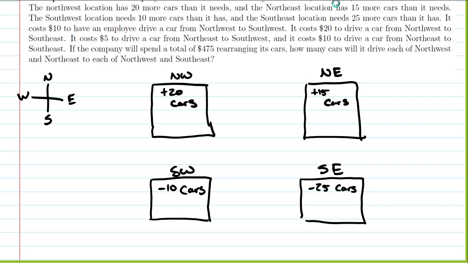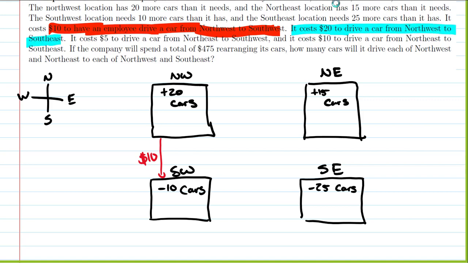So now, let's get to our next set of data. It costs $10 to have an employee drive a car from northwest to southwest. So to go from northwest to southwest, $10. It costs $20 to drive a car from northwest to southeast. So this trip is $20.